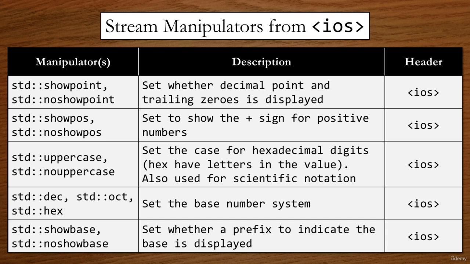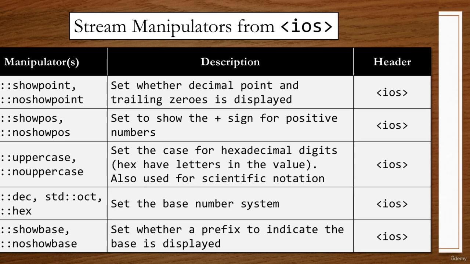So we can change from decimal to octal, for example, or to hexadecimal if you want to display in a different base number system. And then finally we can also show that base by using the showbase manipulator or the noshowbase to turn that off again. For example, we can set whether a prefix should show up to indicate what base is displayed. Again, 0x for hexadecimal or 0 for octal.